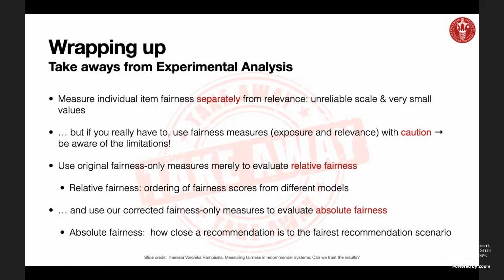If you really have to use these measures, then you need to be aware of the limitations. Something worth pointing out is that many of these measures need to be used only for relative fairness, comparison of two systems. Absolute fairness is not recommended, but if you have to do that, at least choose one of the measures where you fix the range, so that it's in 0, 1.